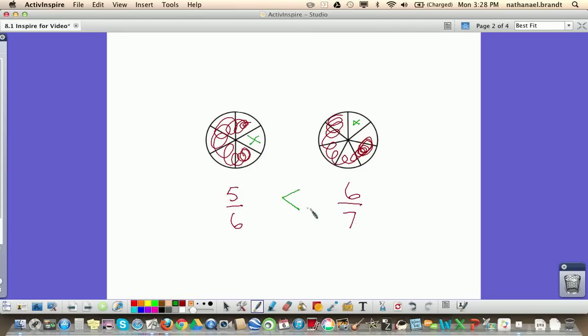So 6/7 in this case would be bigger than 5/6. Again, the larger the denominator, the smaller the pieces, and this piece is smaller, so it's less distance away from the whole amount.